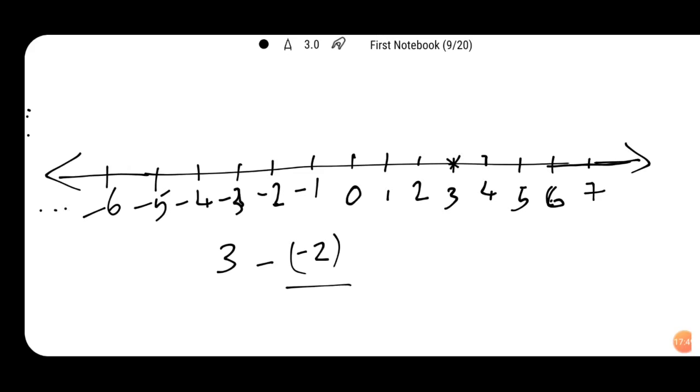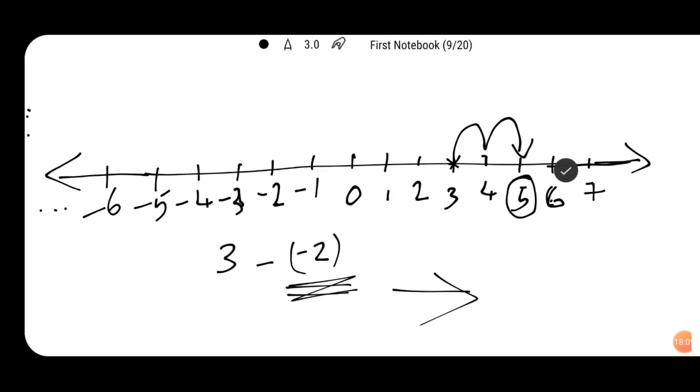Now since it is a negative number, we will move towards the right of the number line. From 3 we want to jump 2 times. 1, 2. Where have we reached? We reached 5. So 3 minus negative 2 is 5. Positive 5 or negative 5? It is positive 5.